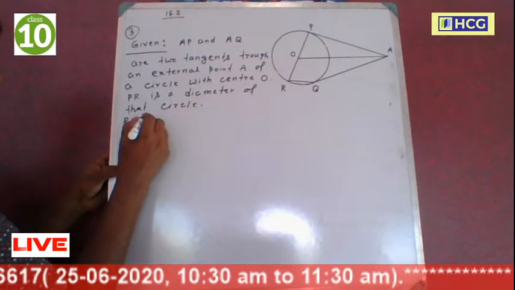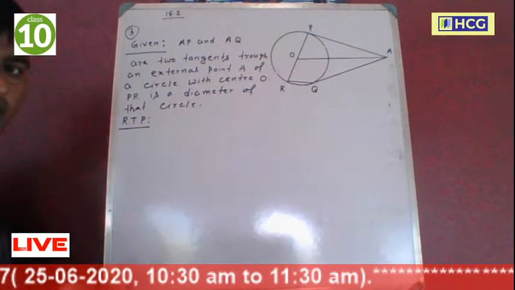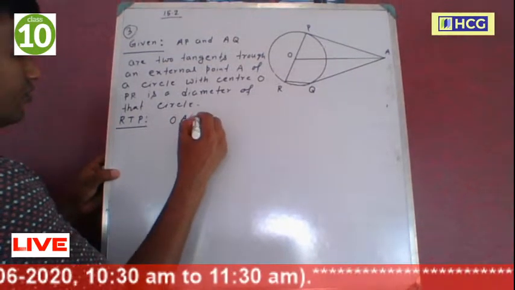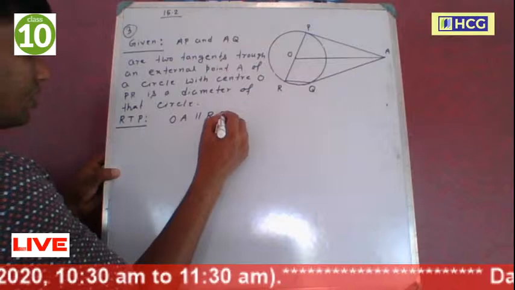Required to prove: OA is parallel to RQ.